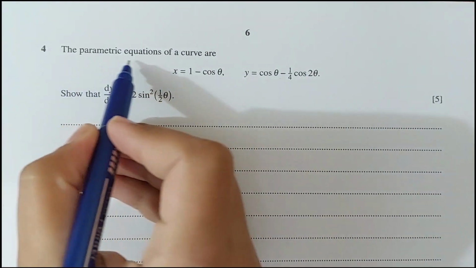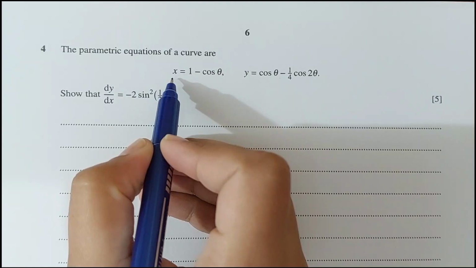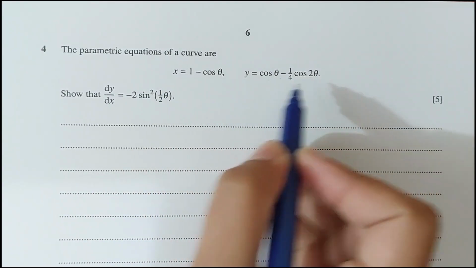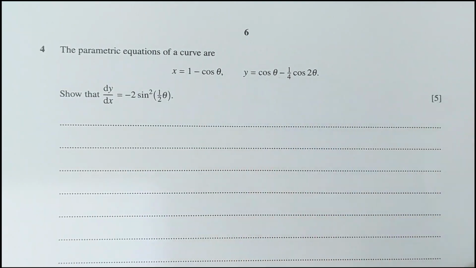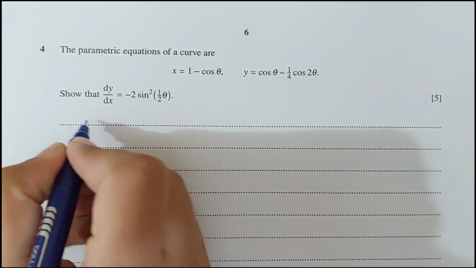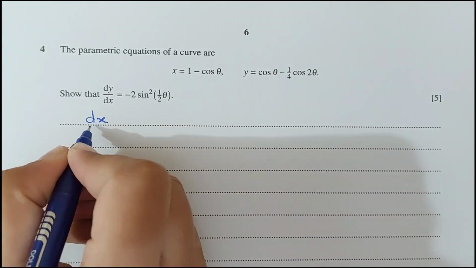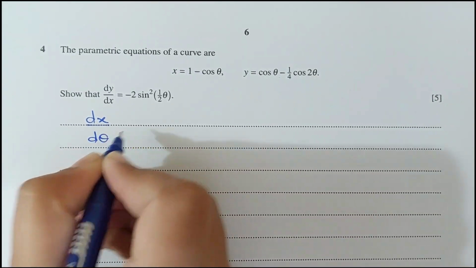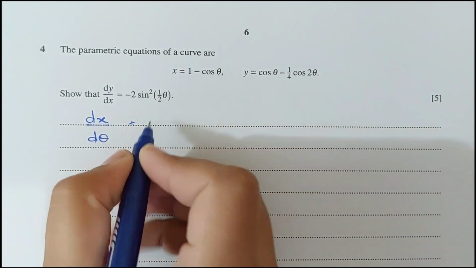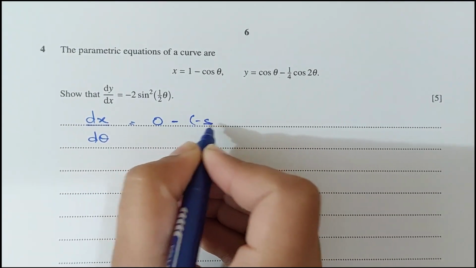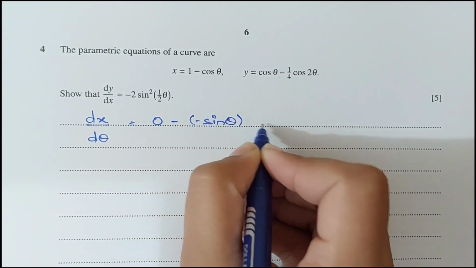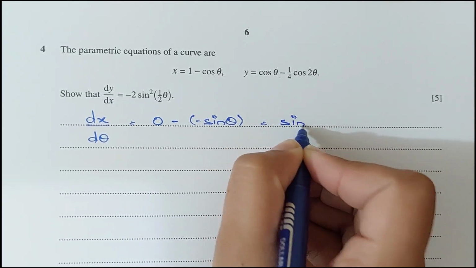Question number 4. The parametric equations of curve R, we have x in terms of theta and y in terms of theta. Show that dy by dx equals this. So we have to use the chain rule to get dy by dx. First we differentiate x with respect to theta, dx over d theta. The derivative of the constant is 0, the derivative of cos is minus sine, so this equals sine theta.